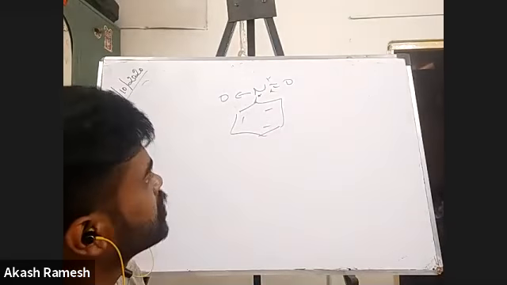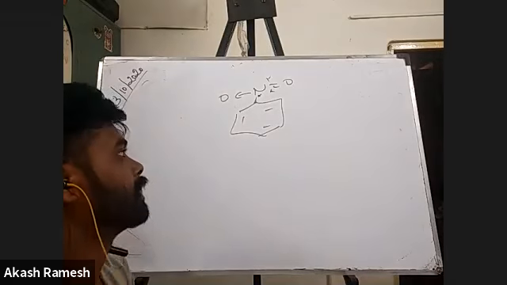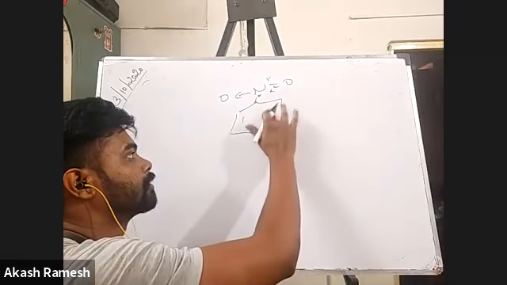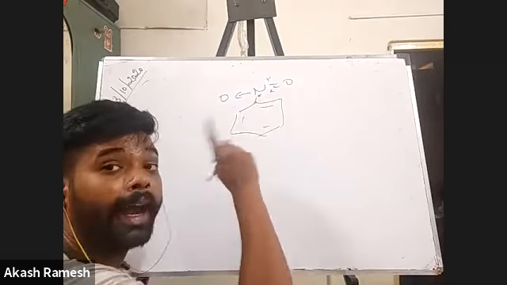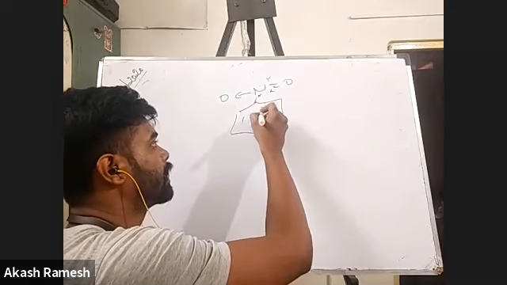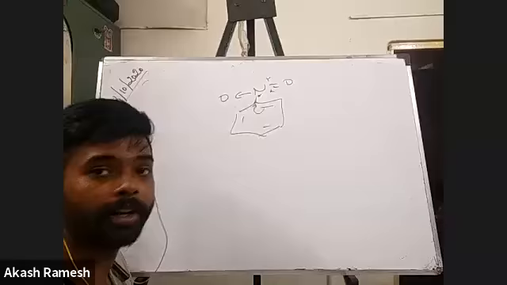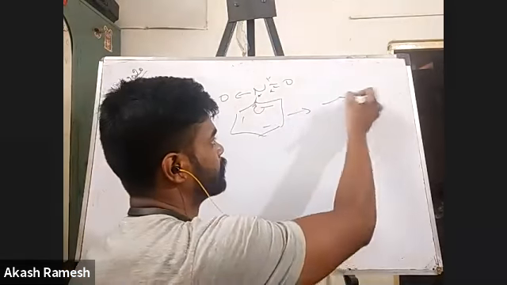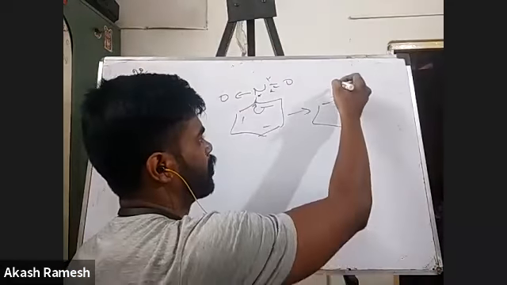So the only way I can start the resonance structure is by making sure that I break this bond heterolytically. So if I break this bond heterolytically, say this bond goes here.